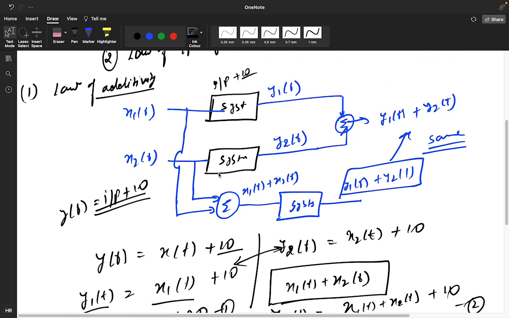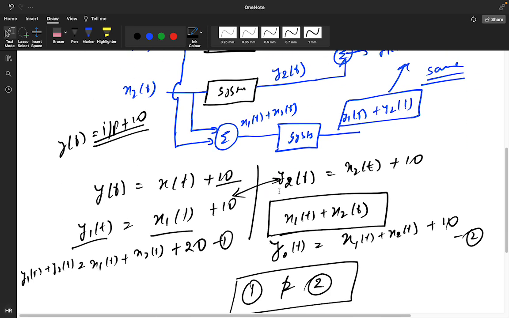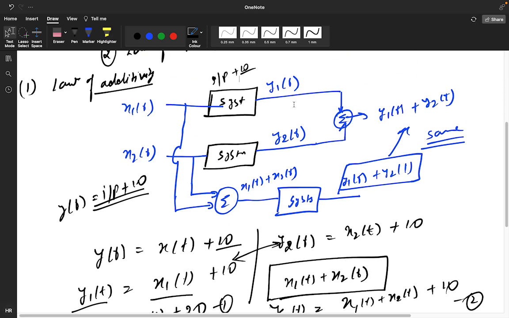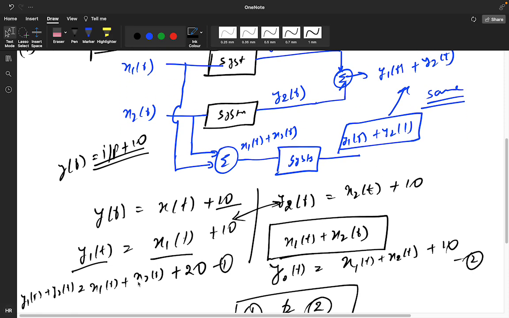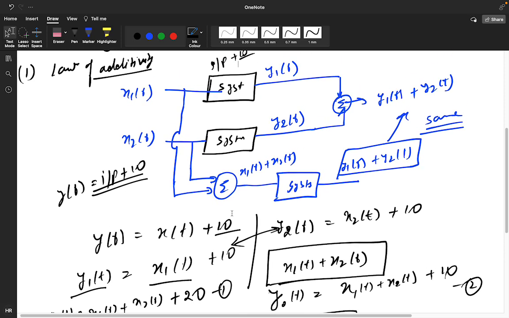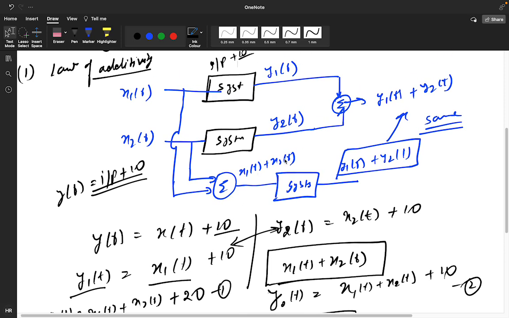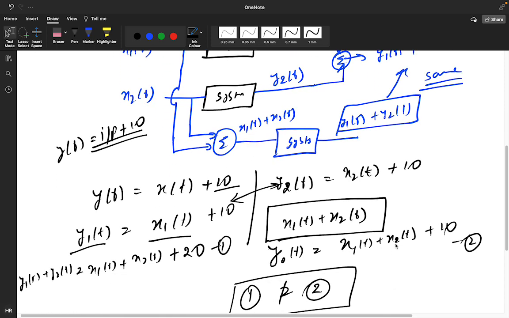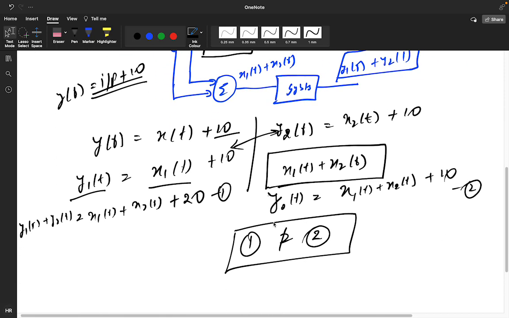Then for the second input, x2 plus 10. If we add both outputs, you will get x1 of t plus x2 of t plus 20. Now you are giving the input as x1 of t plus x2 of t. This system will add 10 only, so x1 of t plus x2 of t plus 10. So these and these are not the same. So it is not following the law of additivity. I hope this is clear for you guys.